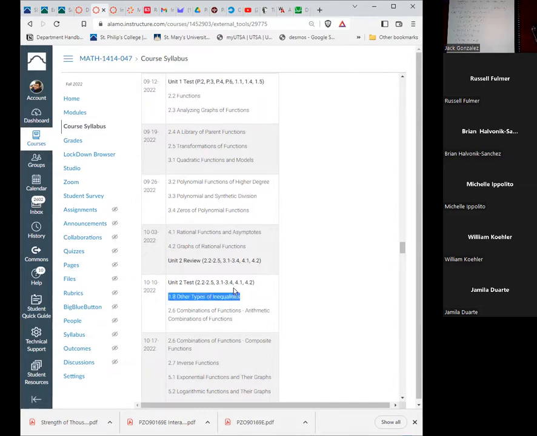So the first exam covering everything up until now is coming up. What I'm going to do is review next week and then do these 2 sections. I'm going to give you all the way until, I think I already told you the date. I don't remember what it was. But that's what we're going to do next week. So we'll review and we'll do 1-8, 2.6.